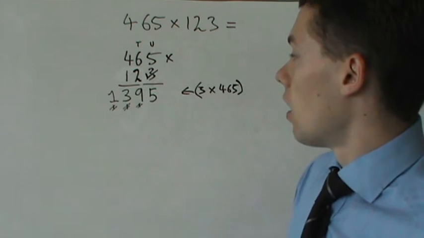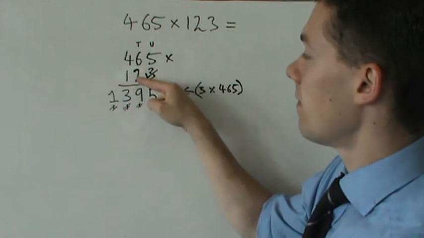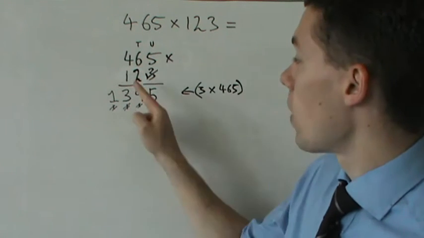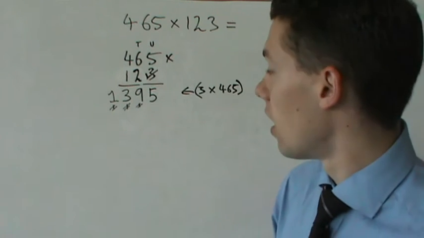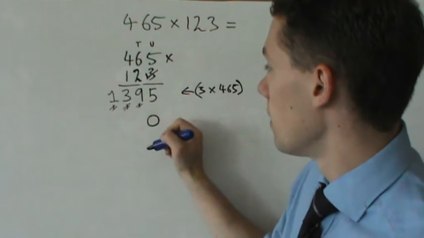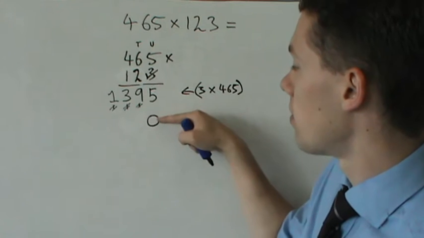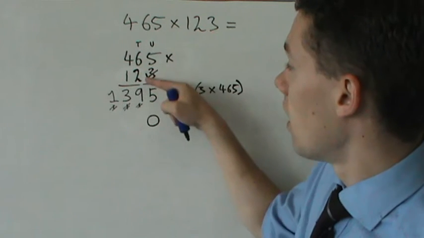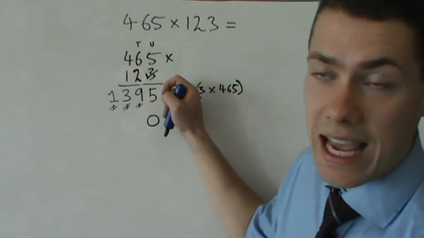So I want to start off with 2 times 5, which makes 10, but it's actually 20 times 5. So to make this work, I'm going to start by putting a 0 in the units column, because 20 times 5 is not 10. So I start by putting a 0 here, and I now do 2 times 5 as normal. 2 times 5 is 10.